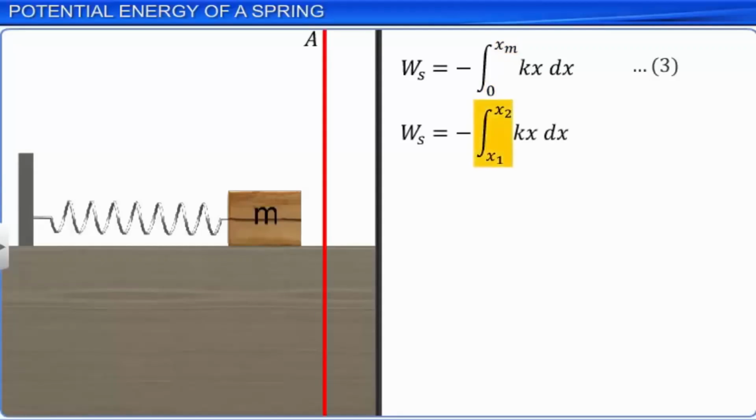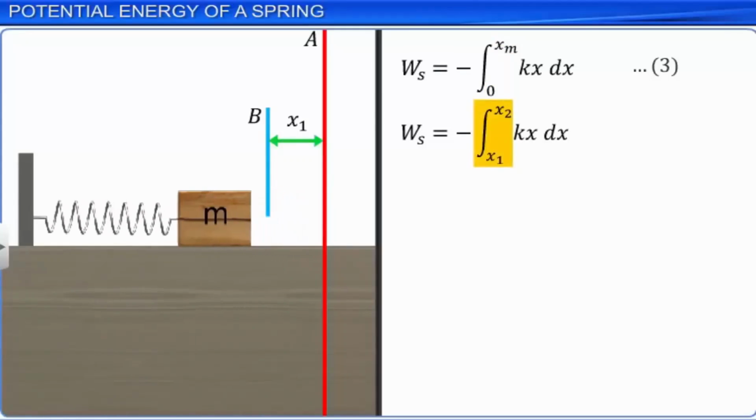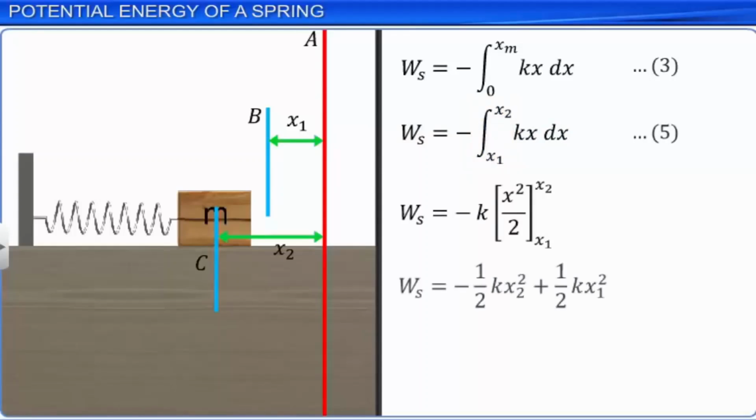Instead, if the initial displacement is x1 and the final displacement is x2, then the work done W by the spring force would be equal to the negative of integral kx dx in the limits x1 to x2. Let this be equation 5. Then the work done by the spring force will be equal to half kx1 square minus half kx2 square.